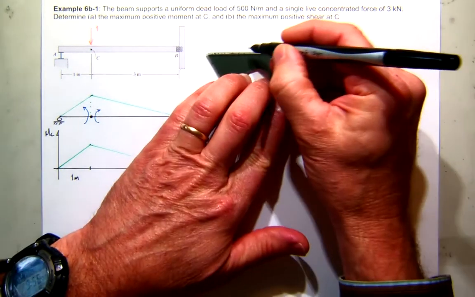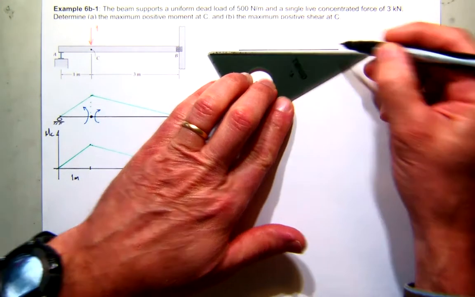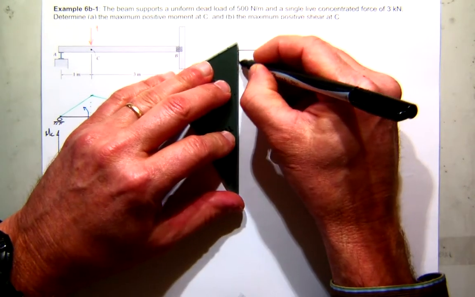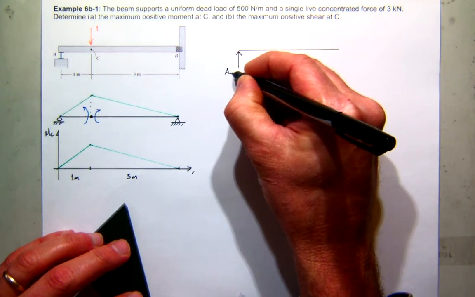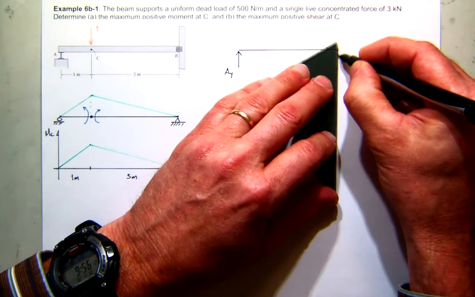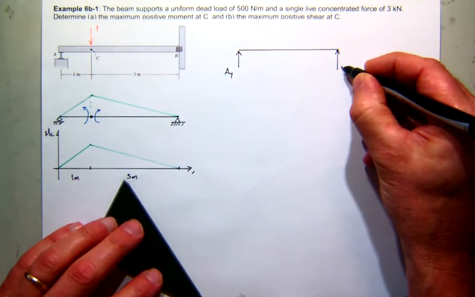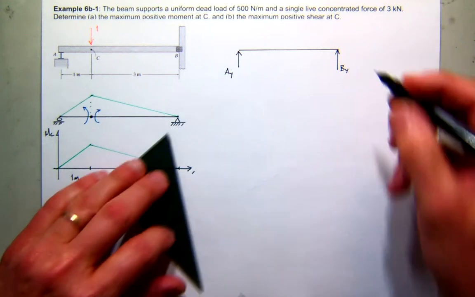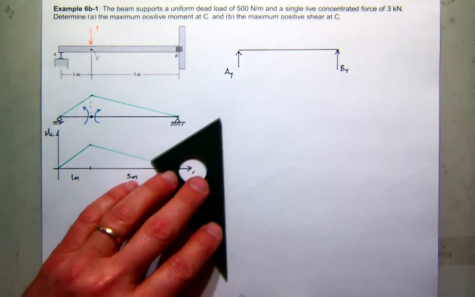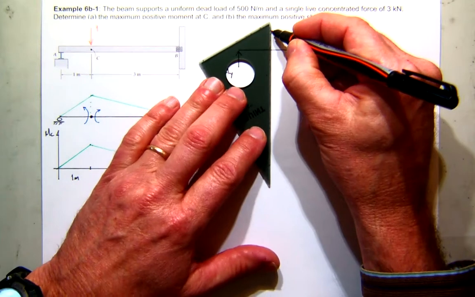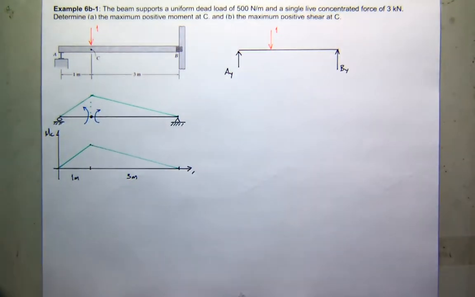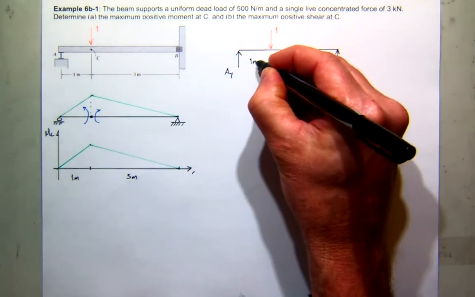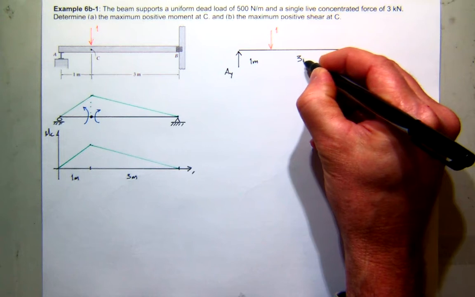In fact, if I redraw it real quick, I'll assume I have a reaction at A and a reaction at B acting up, and there is my unit load. The dimensions here again are 1 meter and 3 meters.